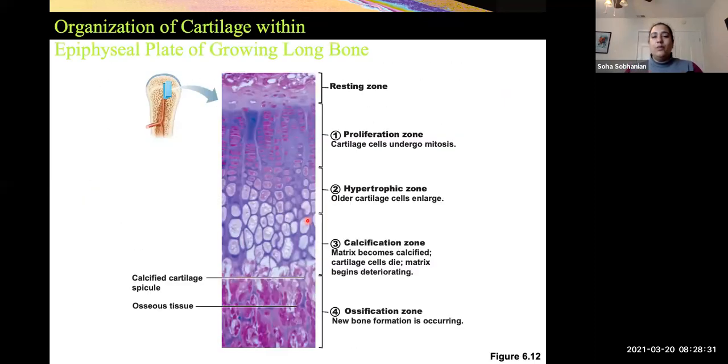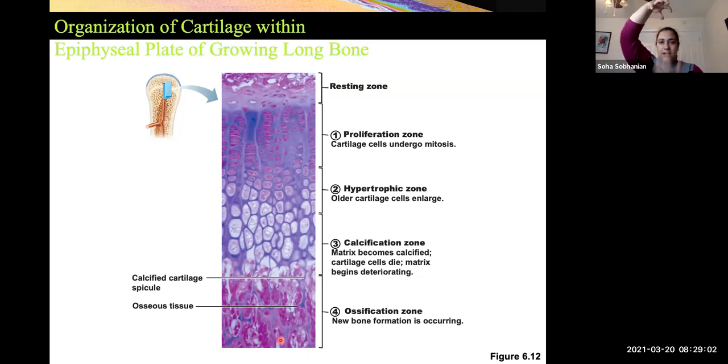So here is what you see in your epiphyseal plate when a child is growing. Look at the words, epiphyseal plate of a growing long bone. What you have is, again, a zoomed-in area right here. On the top here, if you imagine, up here is your epiphysis, and down here on the bottom of your screen would be your diaphysis.